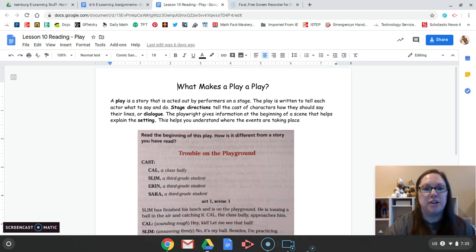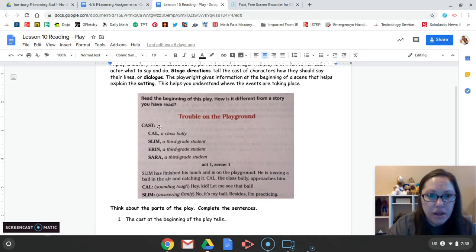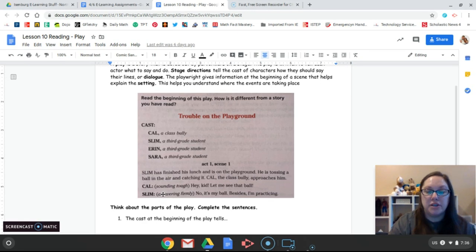So stage directions. If you look on the example that we have on the page, stage directions are often either in parentheses, which are these little half circle marks right here and right here. And then sometimes they are also written in italics, which you can see how these words, where it says sounding tough and answering firmly, those words kind of look slanted.